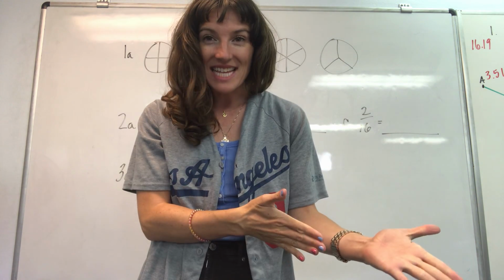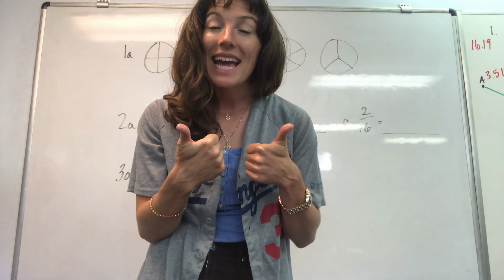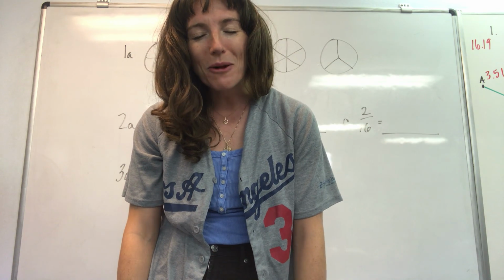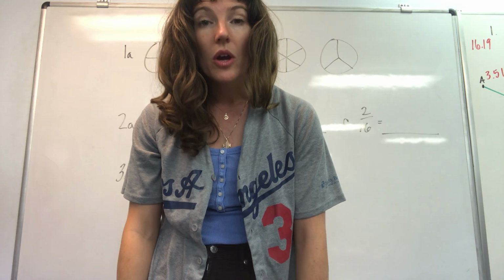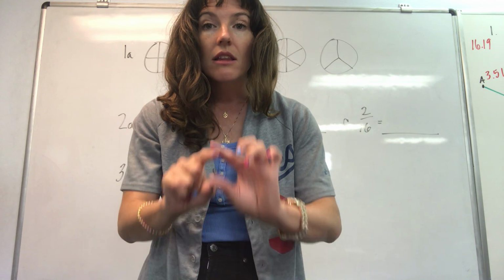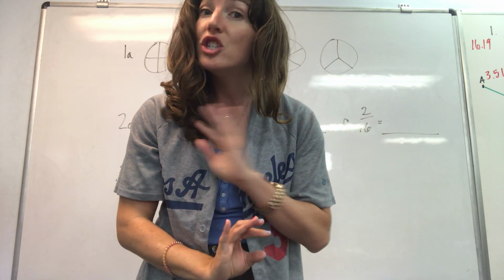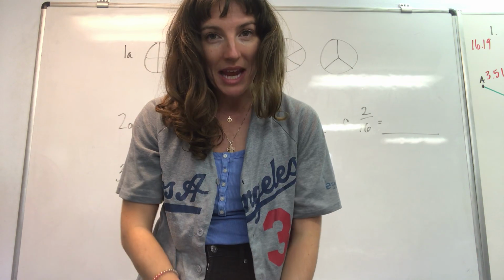So last lesson, number 137, we learned how to make an equivalent fraction by multiplying the top and the bottom by the same number. So we were giving the amount a new name. We weren't changing how much we had. We were just giving it a new name.